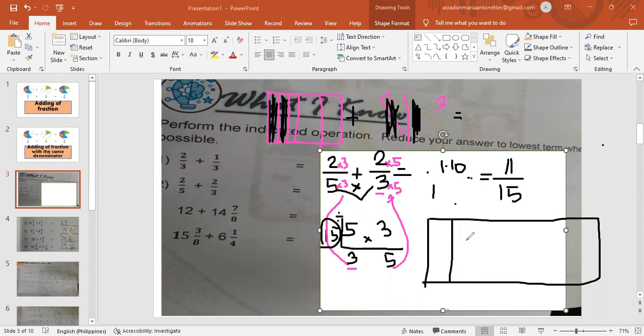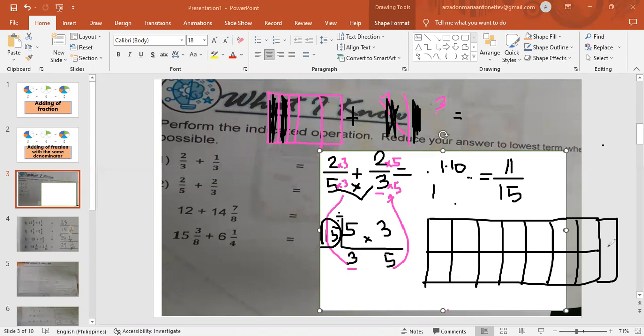So 1, 2, 3, 4, 5, 6, 7, and 8. And let's make this one like this. 1, 2, 3, 4, 5, 6, 7, 8, 9, 10, 11, 12, 13, 14, 15. So in one rectangle, we have 15 parts of one rectangle.